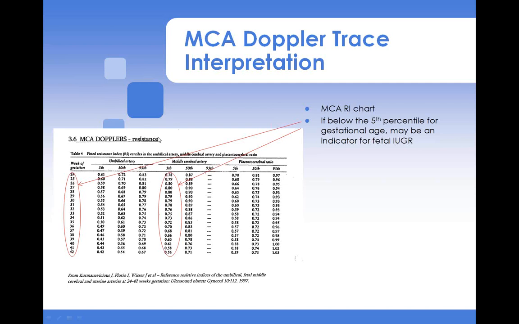We have an MCA resistance index chart. For every gestational age, there is a tolerance level. So if an RI for gestational age is below the 5th centile, then it will be considered abnormal.